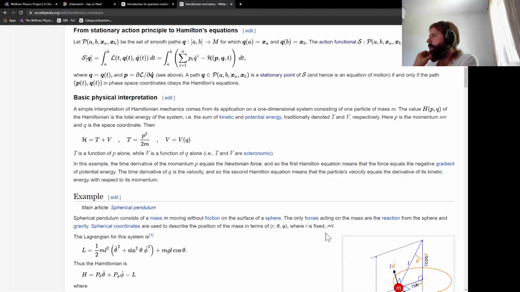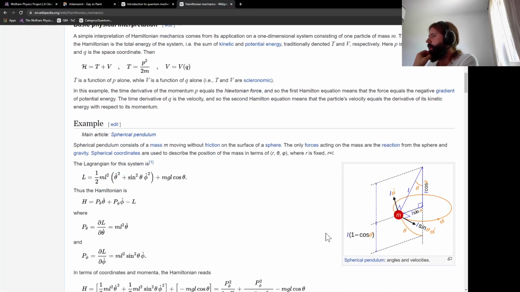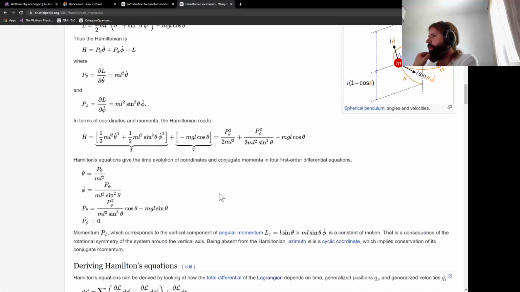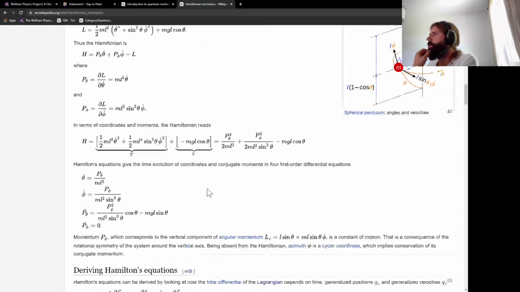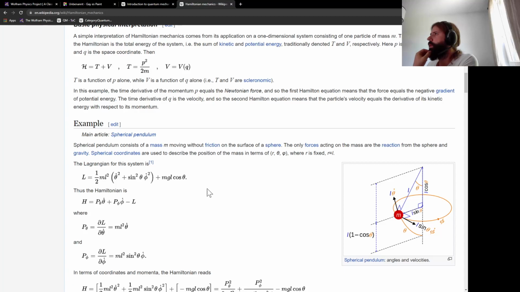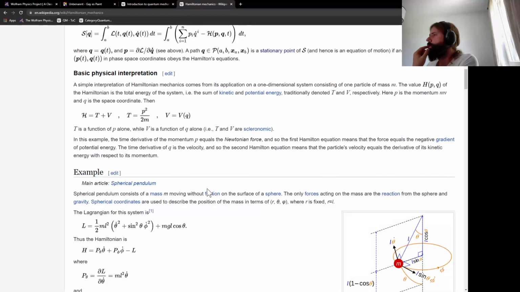Okay, so I guess that's the gist of it. Saying that if you've got the energies, you can find the velocities, and you can find the forces.